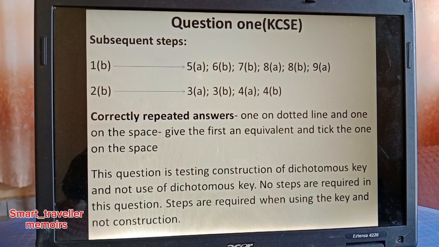So, subsequent steps: 1B, 5A, 6B, 7B, 8A, 8B, 9A, 2B, 3A, 3B, 4A, 4B.